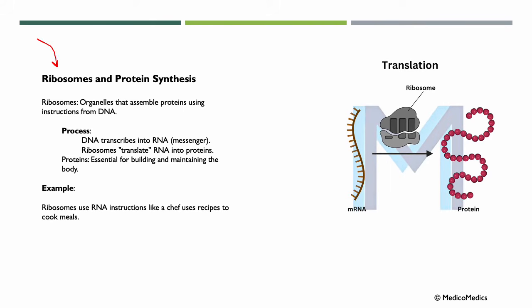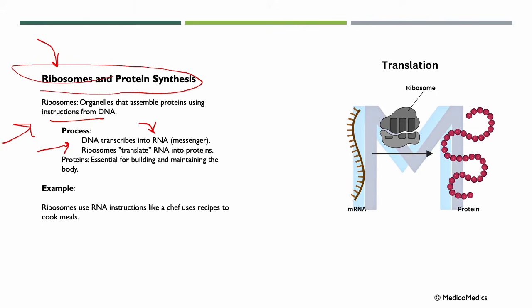Now let's just briefly mention ribosomes and protein synthesis. So ribosomes are organelles that assemble proteins using instructions from DNA. The process is DNA transcribes into RNA, and this process is known as transcription. It transcribes into a messenger RNA, so you will see mRNA.